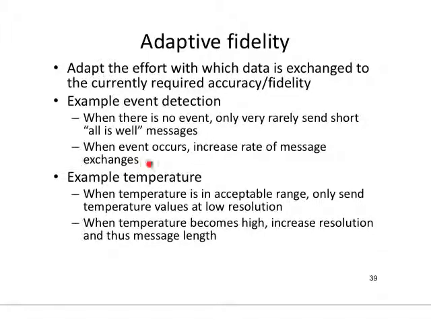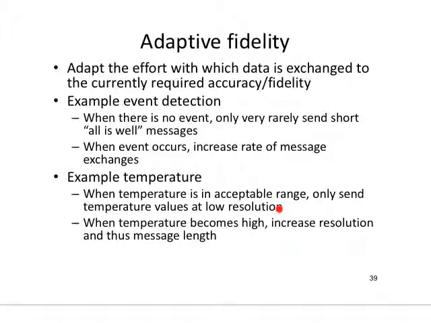Okay, once you know that there is an event, then you can increase the rate of message exchange. For example, with temperature, when the temperature is in an acceptable range, I don't have to send the temperature every second, right?